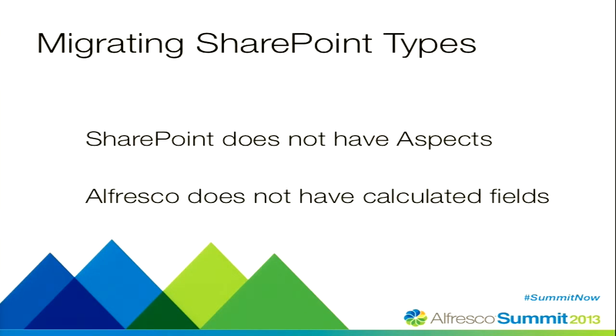Okay, now two things that they don't have. SharePoint does not have aspects. An aspect in Alfresco is not a type, it's a group of properties or relationships that can be shared across multiple types. There's a lot of power in that, and so you want to take advantage of that.